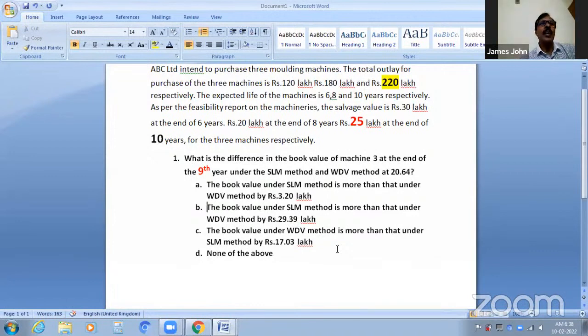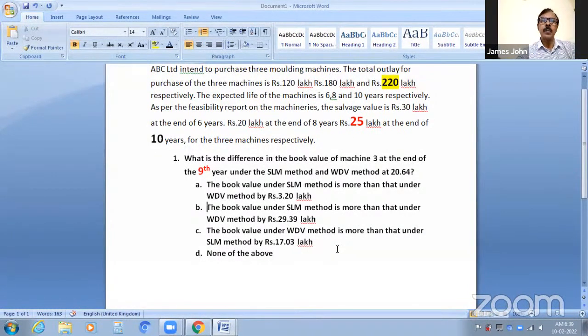See, here we have to calculate the difference between the book value of the machinery 3 at the end of 9th year. So how do you go about it? You calculate the book value both under straight line method and under written down value. We have calculated in the case of the third machinery, the per year depreciation is 19.5 lakh.